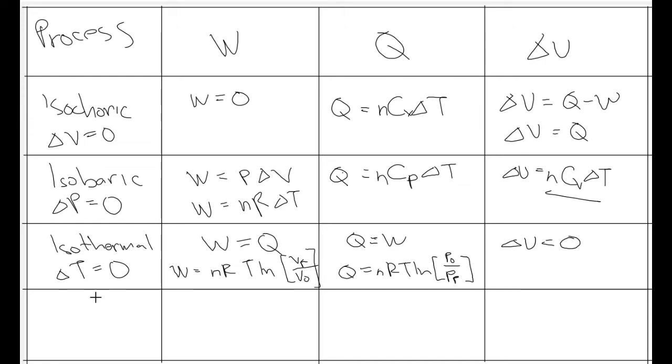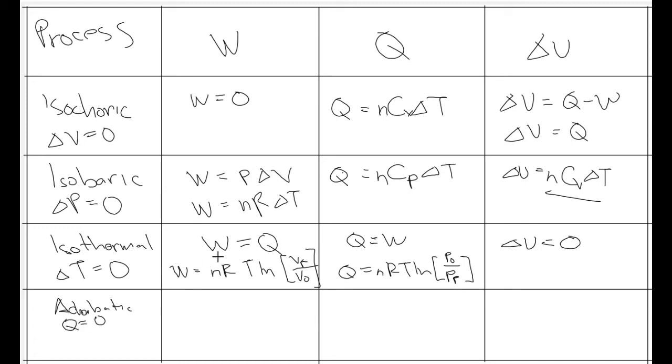So our next process is the adiabatic process. So in adiabatic process, Q is equals to 0, because in adiabatic process, it occurs without transferring heat or mass between the systems. So Q is equals to 0 here.